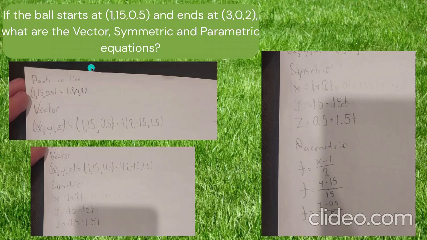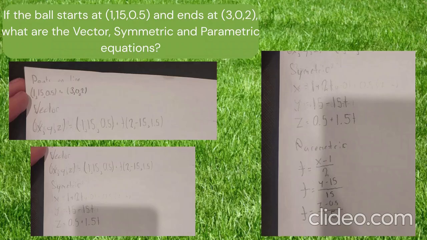So let's see the points of the line. We got 1, 1.5, 0.5, and 2, 3, 0, and 2. In vector form, we're going to have x, y, and z here, and that's going to be equal to our starting coordinates. But what are these, you might ask? Well, this is our changing. This is our vector, I believe it's called. I'm really bad at the names, but this is our vector, right?